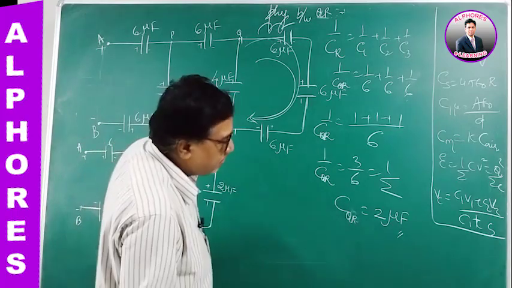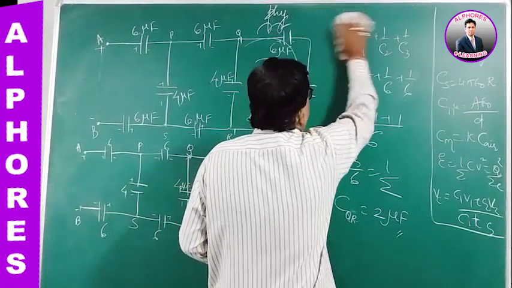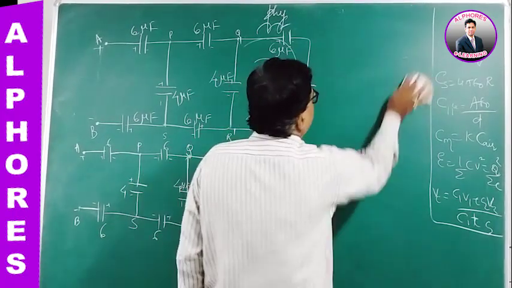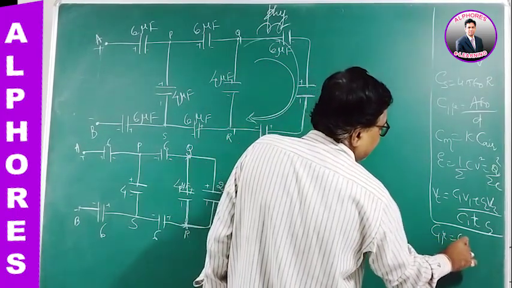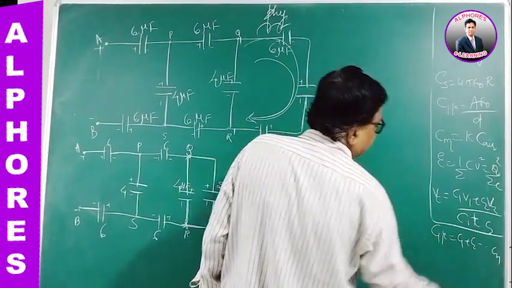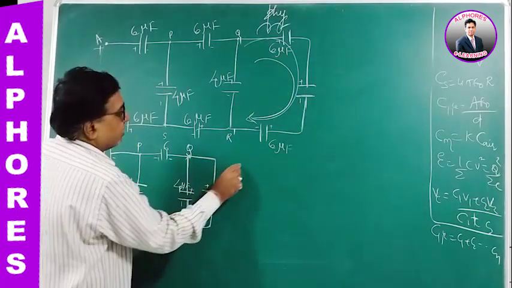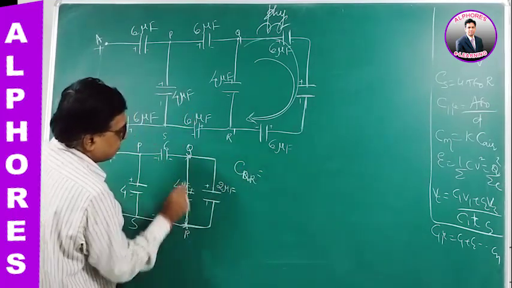I said that when capacitors are connected in parallel combination, the resultant capacity, C parallel, is C1 plus C2. So now the resultant capacity between Q and R is this plus this.